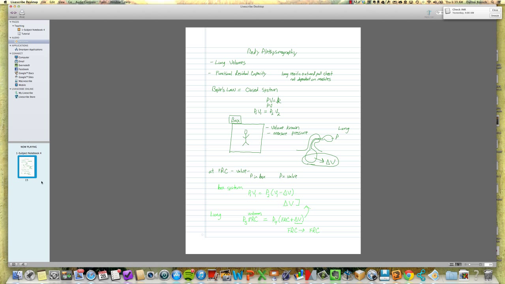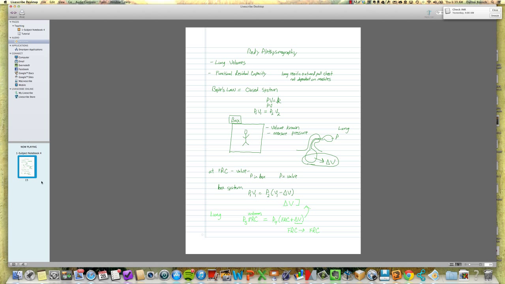So the first thing you do is you take the box system, the closed box system. And in this system, the pressure which you measured before you closed the valve, times the volume in the box before you closed the valve, which you knew, is equal to the second pressure after you closed the valve, which you measured, times that first volume minus the change in volume that occurs as that patient inspires.